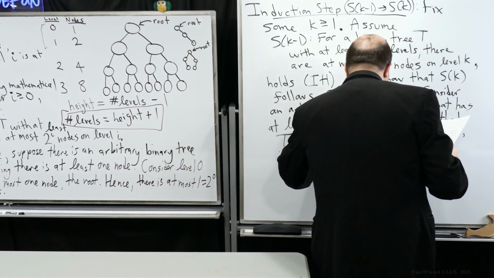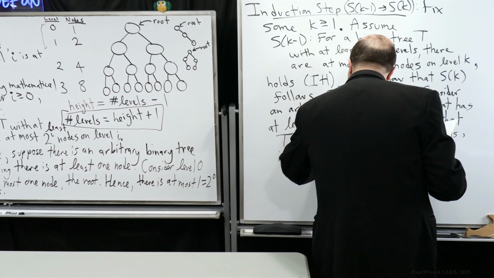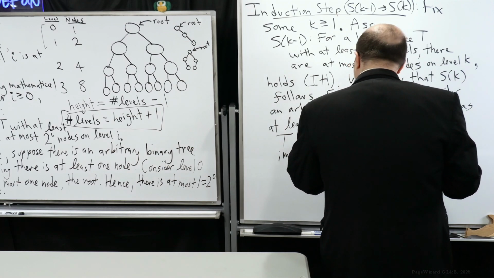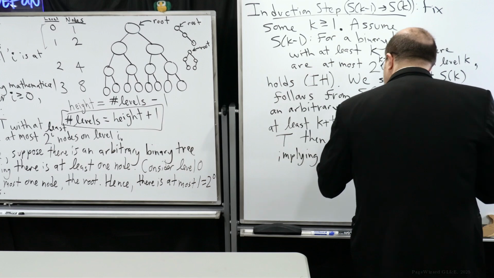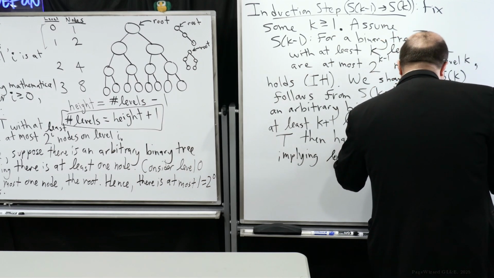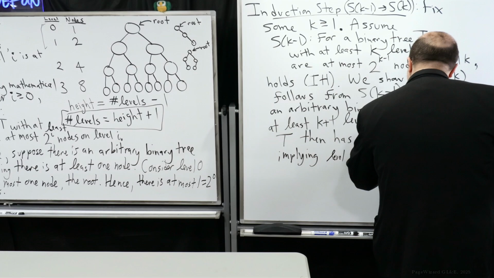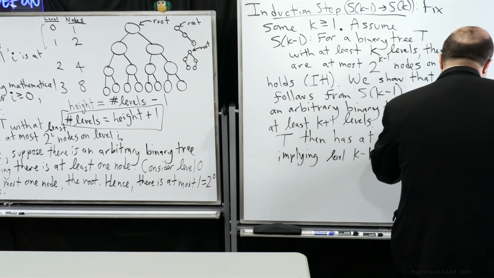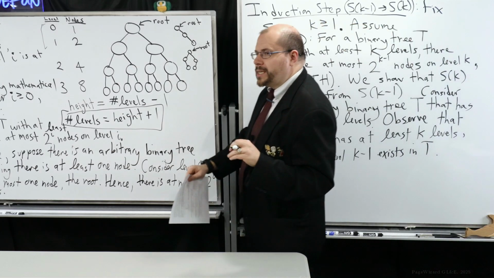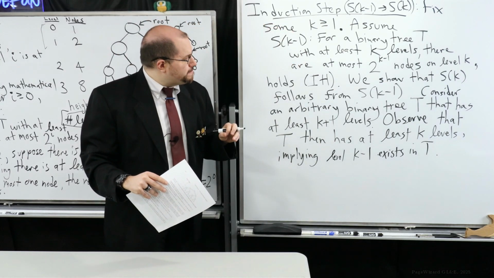Implying this is level, by the way, level k minus 1 exists in T. But what can we say about level k minus 1?